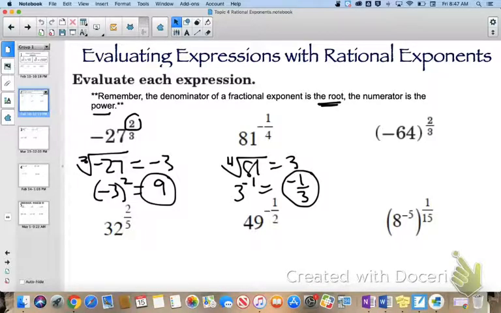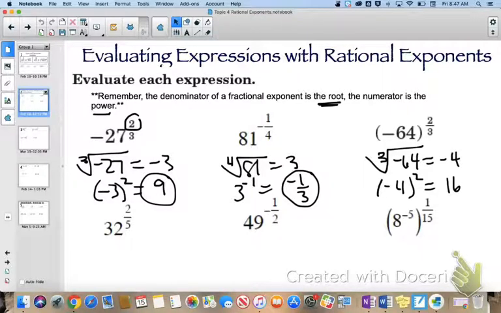All right, with the next one, we've got the cube root of negative 64, which is negative 4. And then negative 4 squared is 16. Okay, I have to go back to the first one because this is not in parentheses.